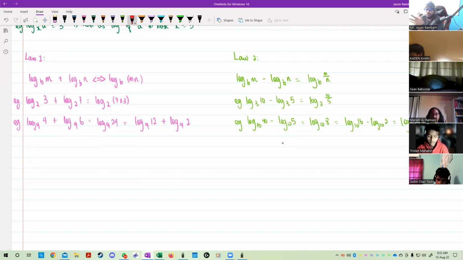If I were to use logs to simplify this question, if I have log of x plus y to base 6, what is this equal to?